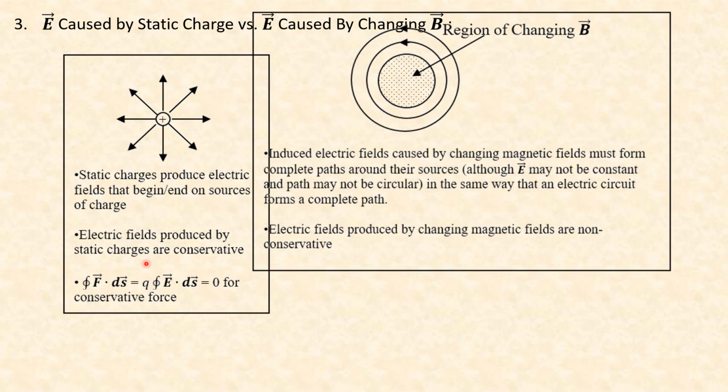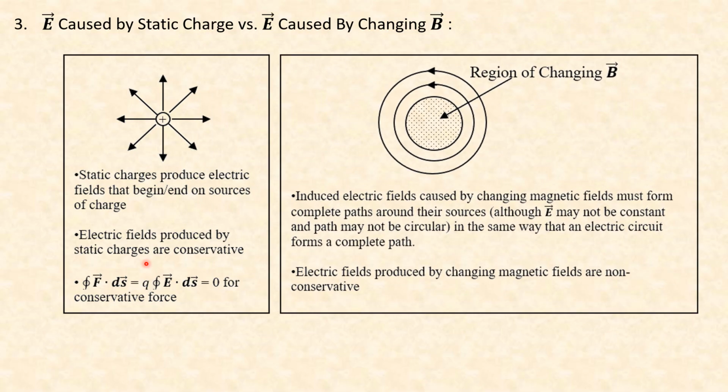What we're now talking about in this unit are induced electric fields that are caused by changing magnetic fields. And recall what we said. On a microscopic level, what would create an induced current in a circuit, in a physical piece of wire?